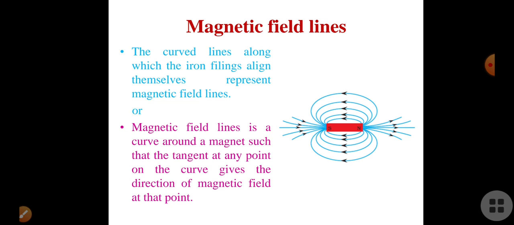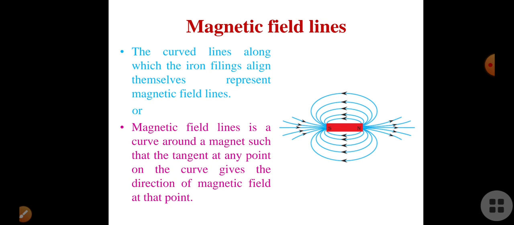Or another definition of magnetic field lines can be given as: a curve around a magnet such that the tangent at any point on the curve gives the direction of the magnetic field at that point. Simply beta, as we discussed, these lines are telling about the direction of the magnetic field.